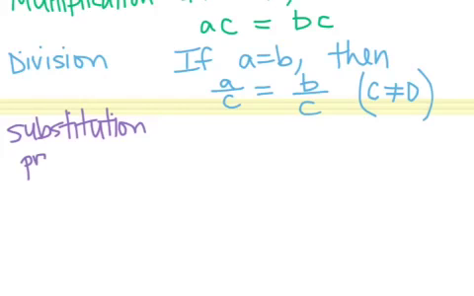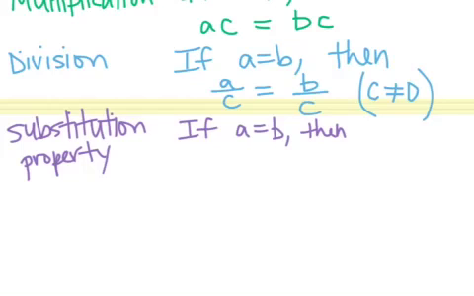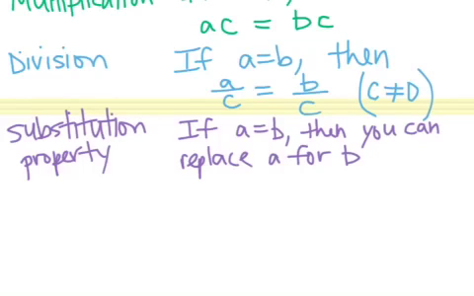So the substitution property of equality simply states if two things are equal, so if A and B are equal, then you can substitute or replace A for B and vice versa in any equation.